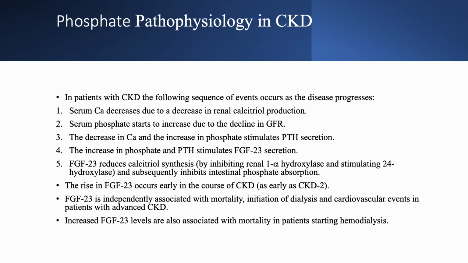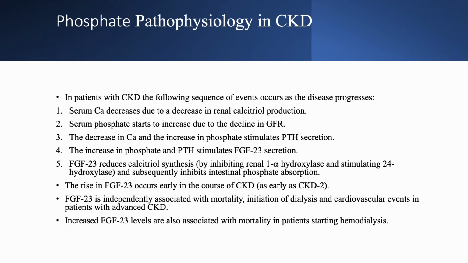When you have an increase in phosphate and an increase in parathyroid hormone, you are going to stimulate the production of FGF23 from the bones. In turn, FGF23 is going to reduce calcitriol and reduce PTH secretion. It reduces calcitriol by inhibiting renal 1-alpha hydroxylase and stimulating 24-hydroxylase. When calcitriol synthesis is inhibited, you are going to inhibit intestinal phosphate absorption, and you are going to subsequently decrease phosphate.